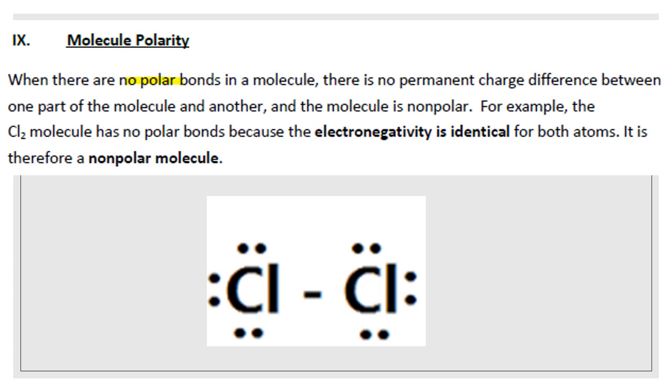When there are no polar bonds in the molecule, that means there's no permanent charge difference between one part of the molecule and another part because they're sharing electrons equally, so the molecule is nonpolar. No polar bonds, not a polar molecule. Seems pretty simple. Underneath, I've got the Lewis structure for Cl2. It has no polar bonds because it's chlorine. They have the same electronegativity, so it's a nonpolar molecule.